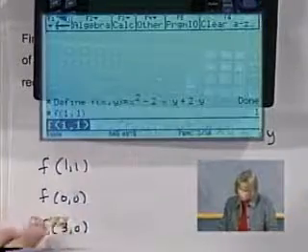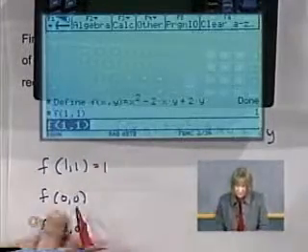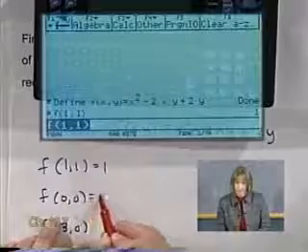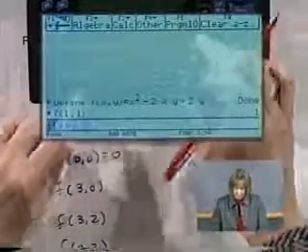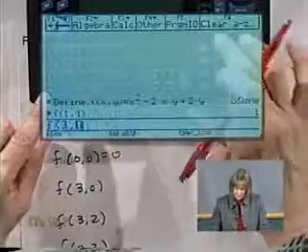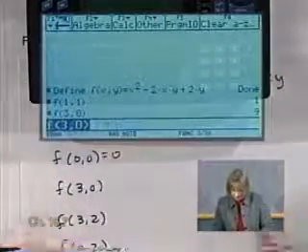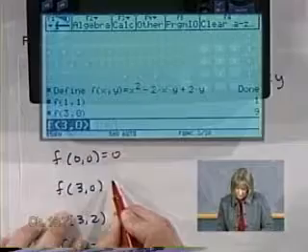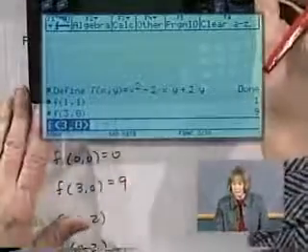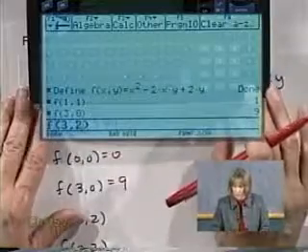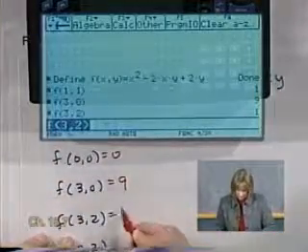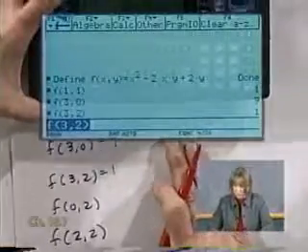So f of 1, 1 is 1. F of 0, 0, I can do that in my head. That's going to be a 0. Okay, how about f of 3, 0? I would go f of 3 comma 0, and I get 9. So f of 3, 0 is 9. How about f of 3, 2? Well, f of 3, 2 is 1. How about f of 0, 2?